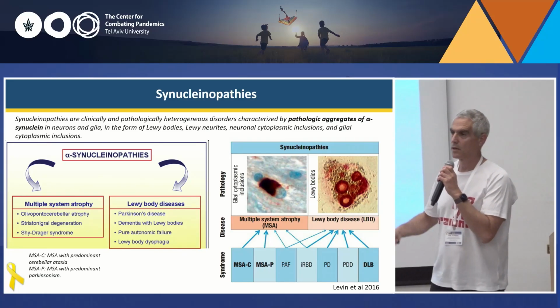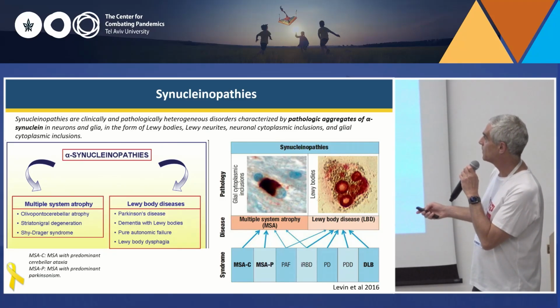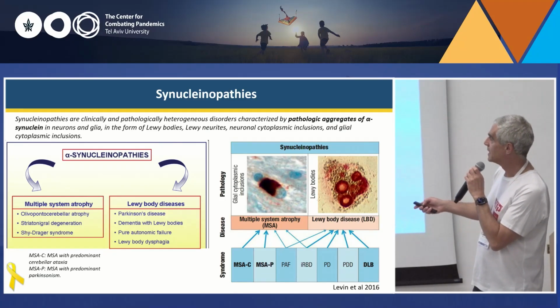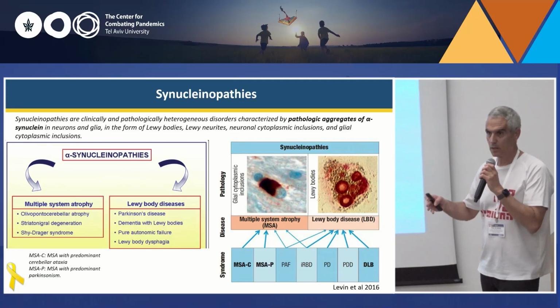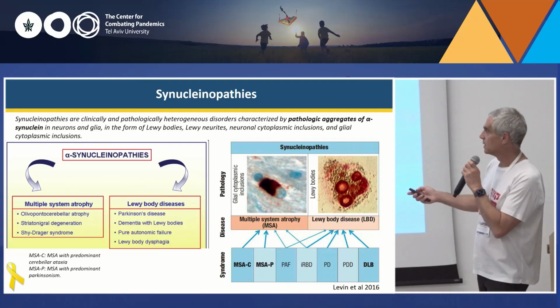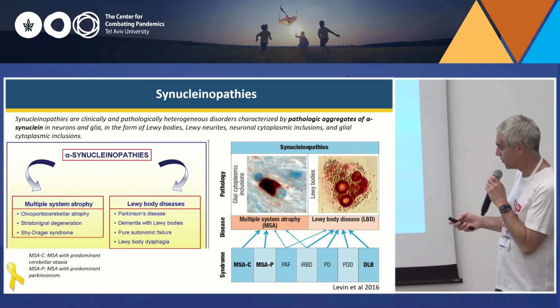It also propagates to the neurons, but the main feature is in the oligodendrocytes. So this causes glial cytoplasmic inclusions, and these are like Lewy bodies, the same protein aggregates, and cause cell death, different types of cell deaths in different parts of the brain.